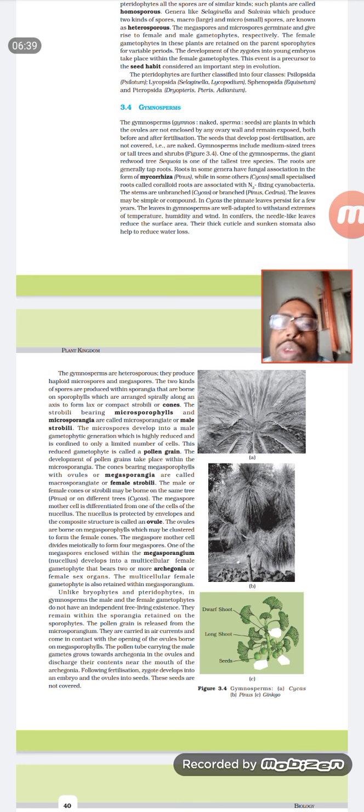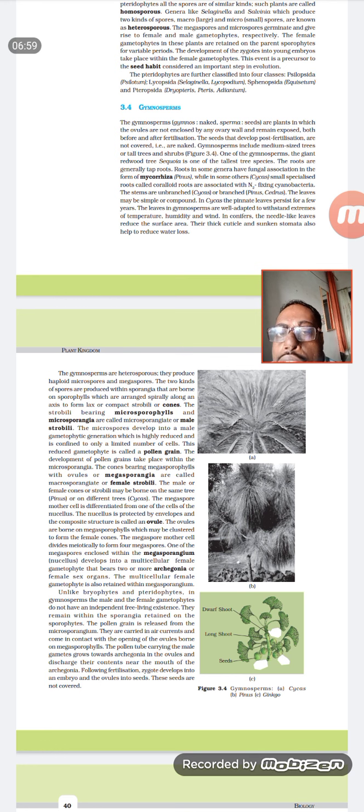And these gymnosperms are heterosporous in nature. That means they produce microspores and megaspores. These spores are inside sporophylls, which we call cones or strobili.